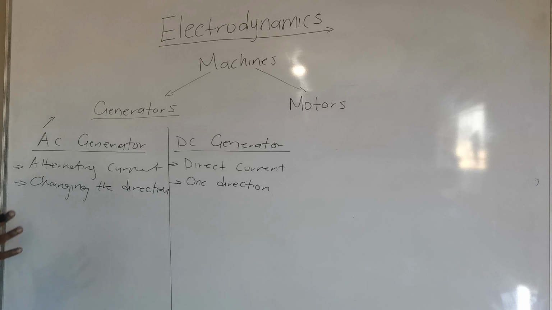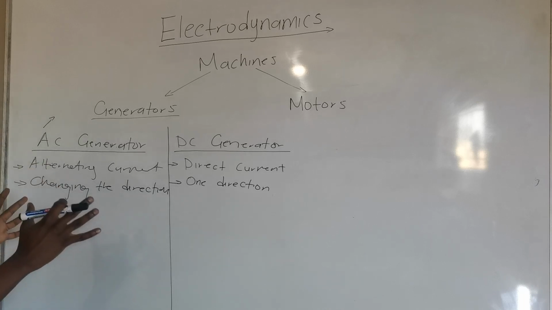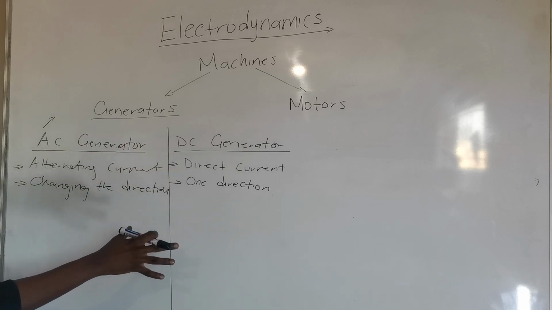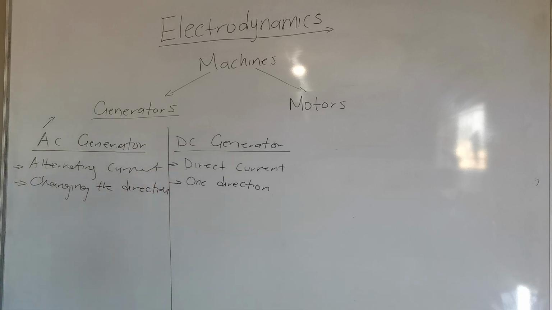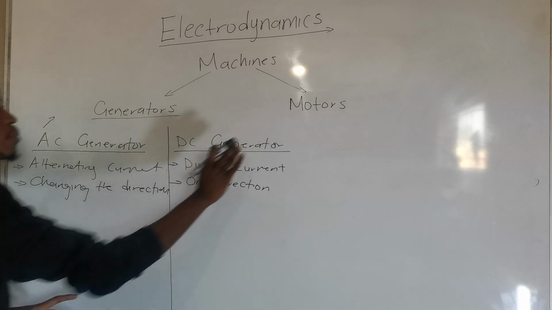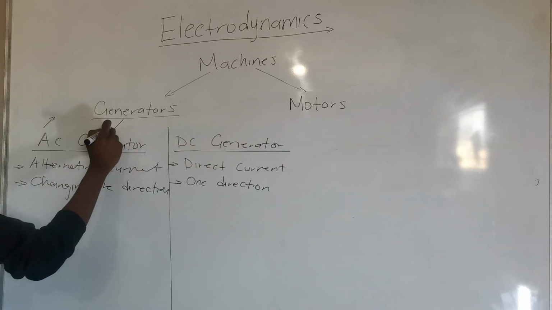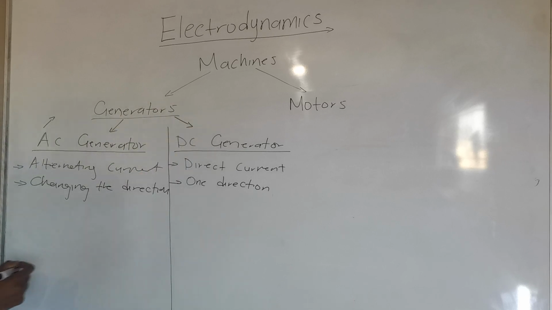You must be able to look at the structure that is given to you and tell what type of generator you have. Bear in mind that I'm no longer talking about motors, I'm only focused on my two generators, the DC as well as the AC generators.